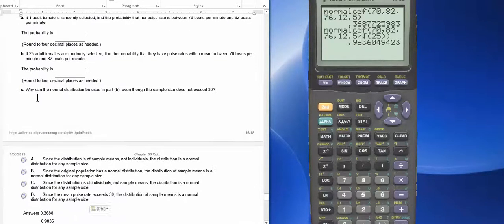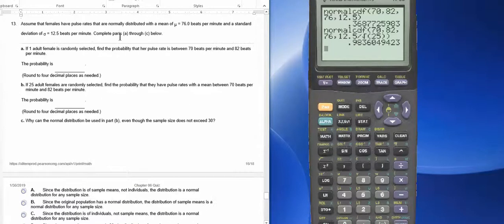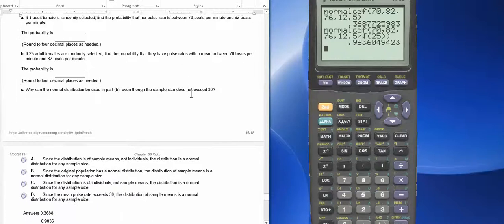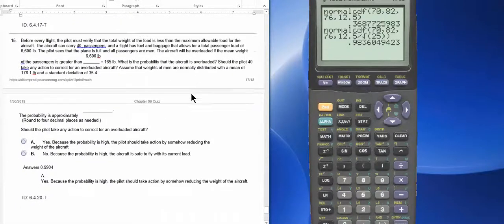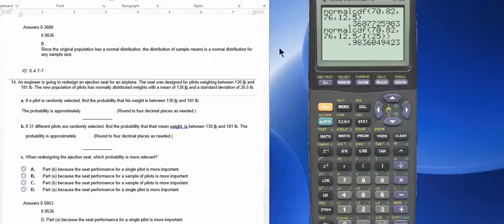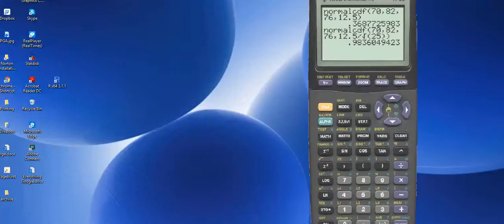Now the question then says, why can the normal distribution be used in part B even though the sample size does not exceed 30? It can because it tells you that females in general have a pulse rate that's normally distributed. Okay? So those are the kinds of questions that are on 14 and 15, and those are the ones that you want to try and solve.